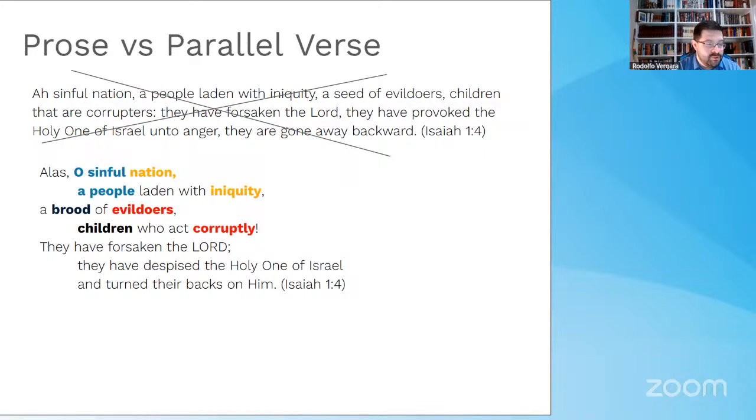Now, in most current translations, you're going to see that that's the format for most of the verses in Isaiah, and then you can start putting things together, and you can contrast or expand according to the type of parallelism. So that, just real quickly, is what Rachel was talking about when she says that the KJV is maybe a little bit harder to get the meaning out of because it's written in a prose style. I don't know, Rachel, was there anything else you wanted to say on that?